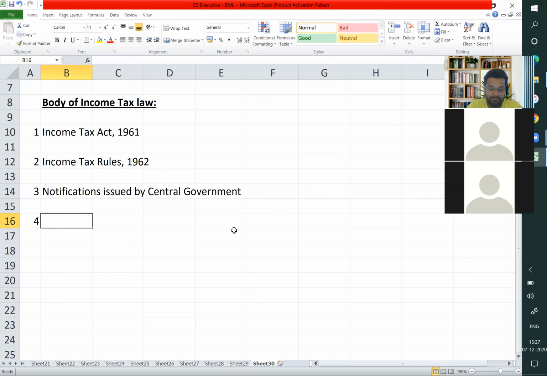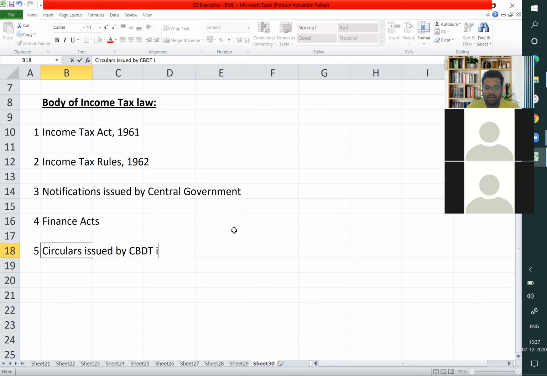Then finance acts are also one of the important sources of income tax law. I will discuss with you how. After that, circulars issued by CBDT. For GST and customs purposes, who issues circulars?